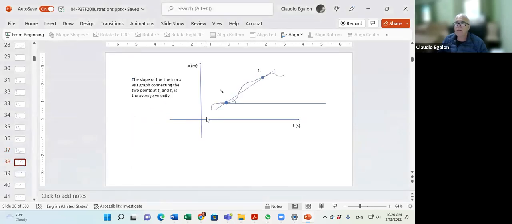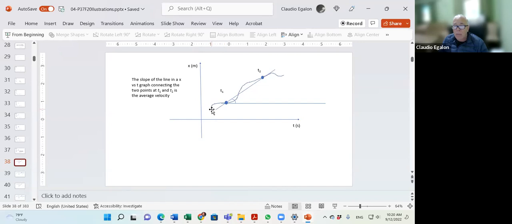Let's say the position varies with time like this curve that you see right here. The object started at this initial position. It moves very fast to this point here, and then it slows down. How do I know it moves very fast and then slows down?